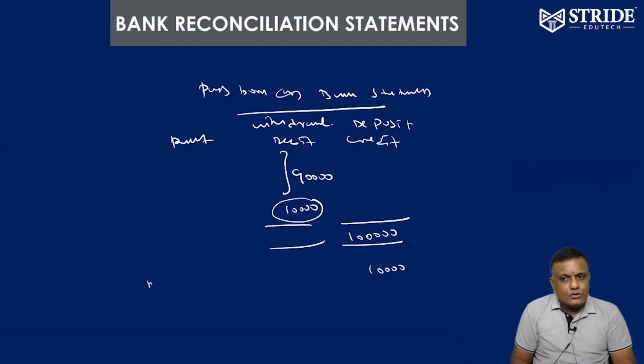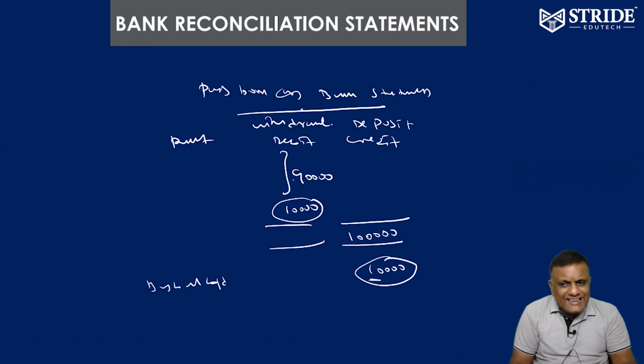So by balance brought down, how much? 10,000. See, in your passbook you have excess deposit, less withdrawal. So you have excess cash in your bank account, in your bank statement.